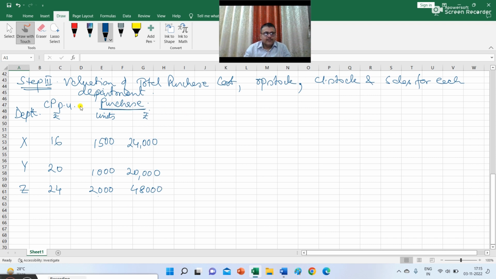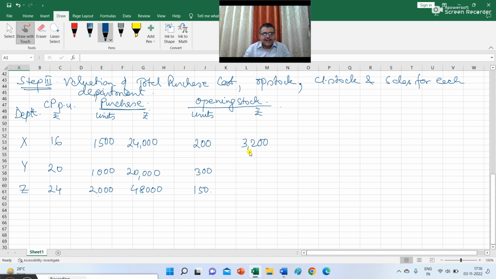Now we will value the opening stock. For opening stock, we have units and the amount. It is given in the question: the opening stock of department X is 200 units, 300 units for department Y, and 150 units for department Z. If you multiply with the cost per unit, that is 16, we will get 3,200.